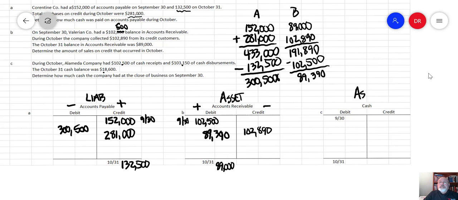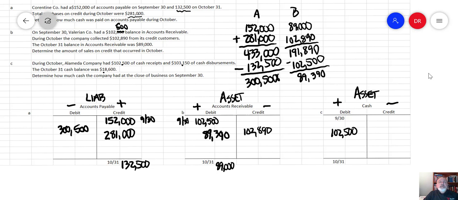Well, it's an asset. The normal balance is a debit, and a decrease is a credit. So normal balance means plus. So when we're looking at this, we had 102.5 in cash receipts. That means that we collected 102,500 in cash. That means we increased the account. So that's going to go right here, 102.5.